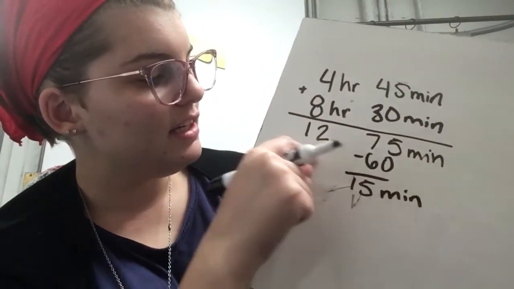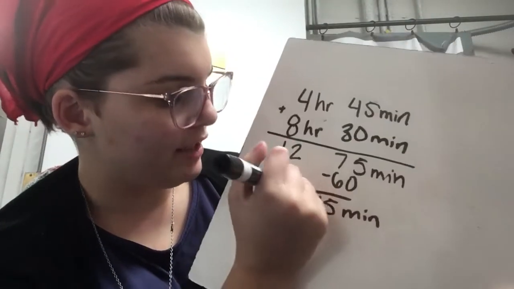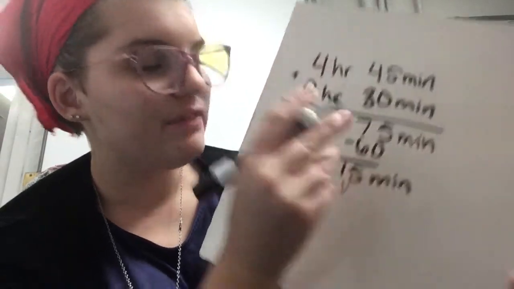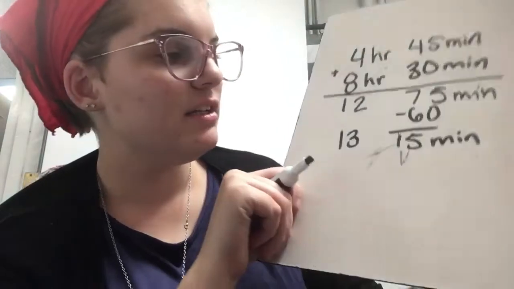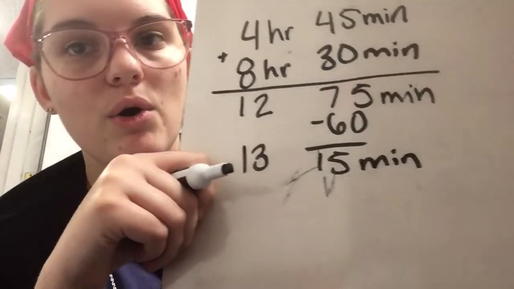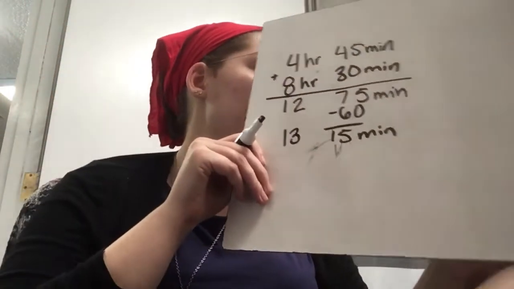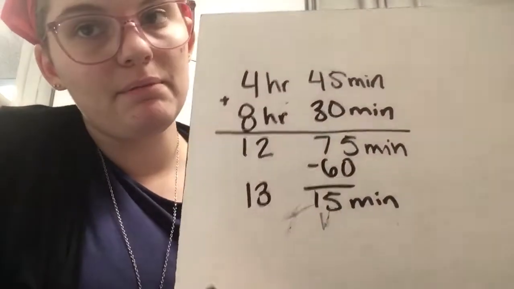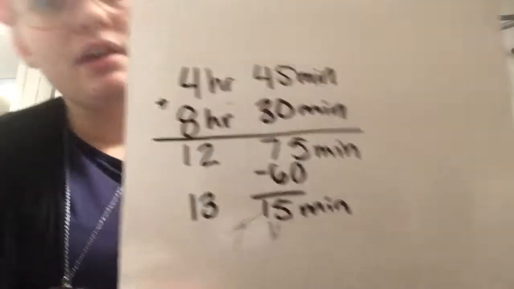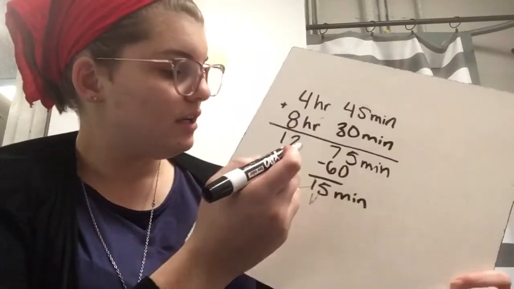And that 60 gets added as an hour here. So we have 13 hours, which is also known as 1 p.m. All right, so that's going to be 1:15 p.m.